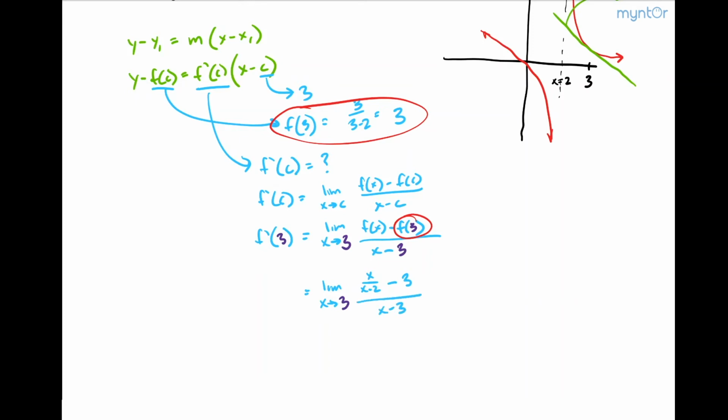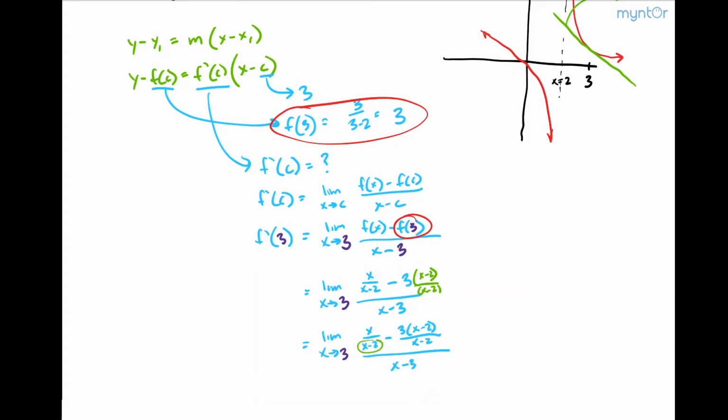Now we're going to do a couple of operations here to simplify this. The first thing I'm going to do is multiply this 3 term by x minus 2 over x minus 2. And so therefore I can write that this is equal to the limit as x approaches 3 of x over x minus 2 minus 3 times x minus 2 over x minus 2, all over x minus 3.